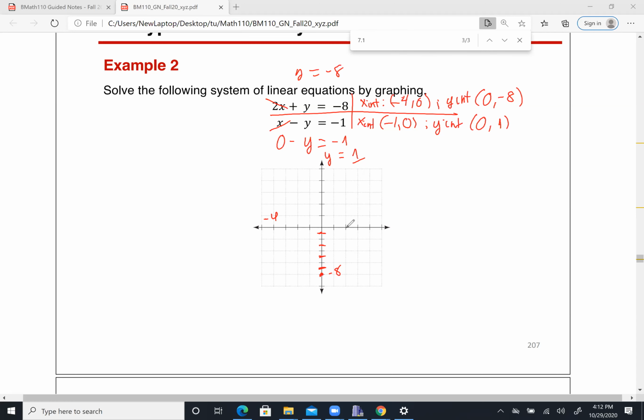Okay, so now the graph for the first equation is a line going through these 2 points.